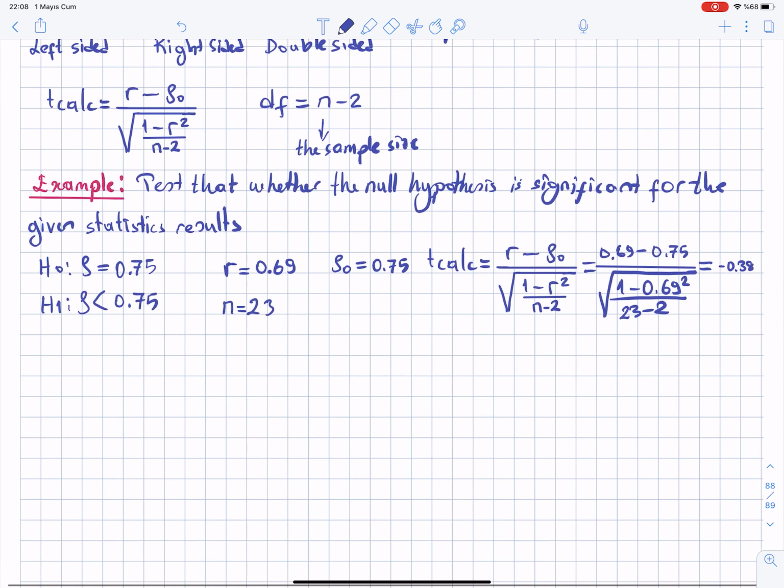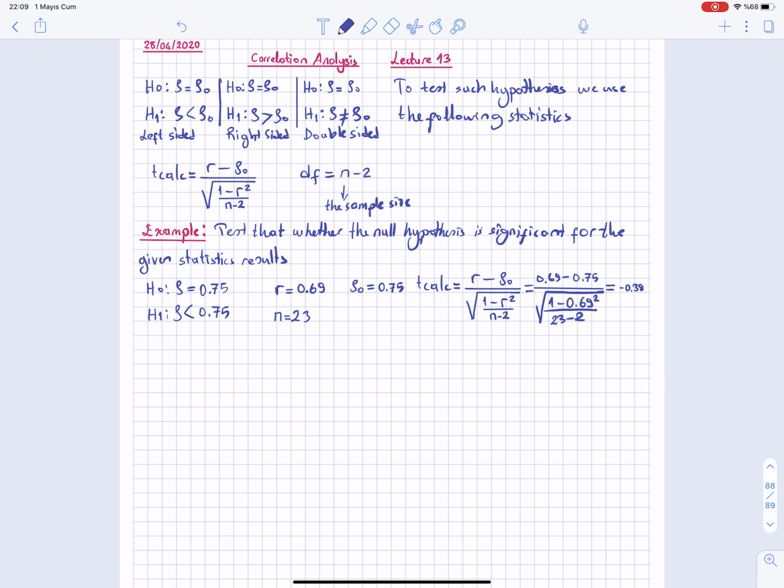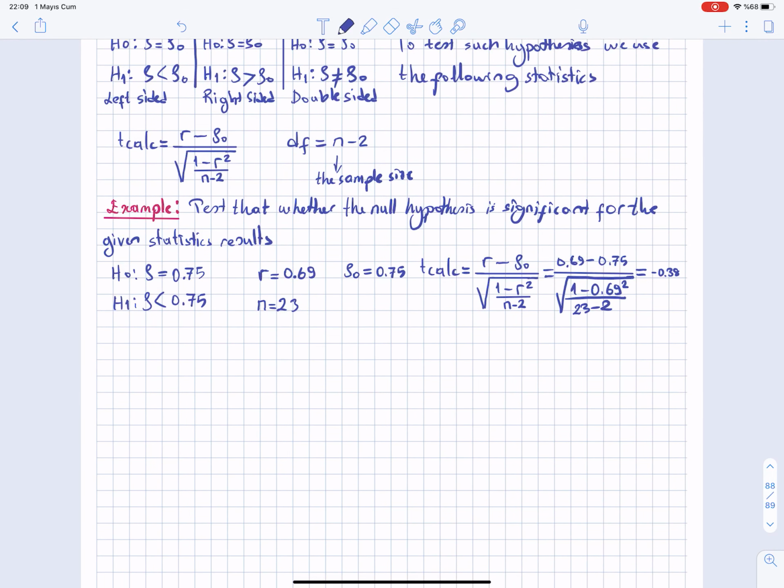Since this is a left-sided hypothesis, the critical value should be obtained from the degree of freedom 21. The degree of freedom for this example is 21.